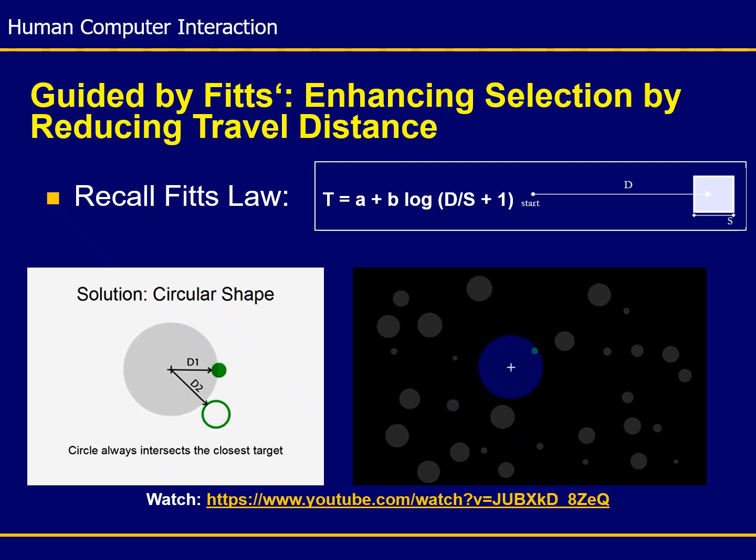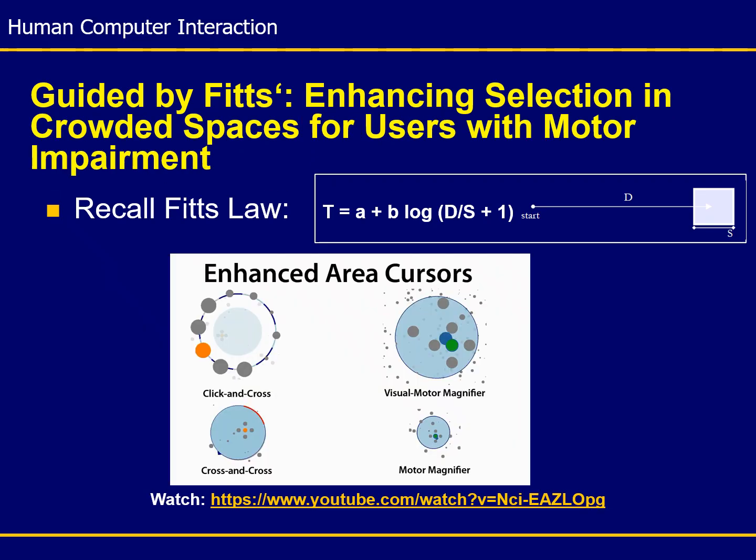Again, we're doing all that to decrease the travel time, because I don't now have to go all the way to a specific icon to click on it. Once the circle has it within its perimeter or within its area, then I can click the mouse as if I positioned it on top of that icon. So again, this is an application of Fitts law.